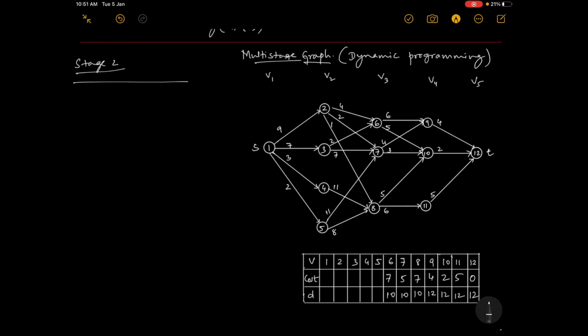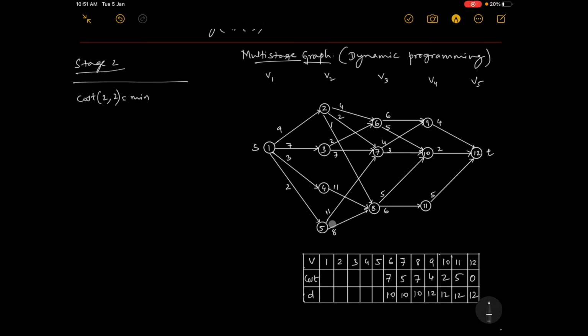First, cost of stage 2 comma vertex 2. Because it has 3 paths, this is the vertex having the maximum paths; this has 3, this has only 2, only 1, only 2.